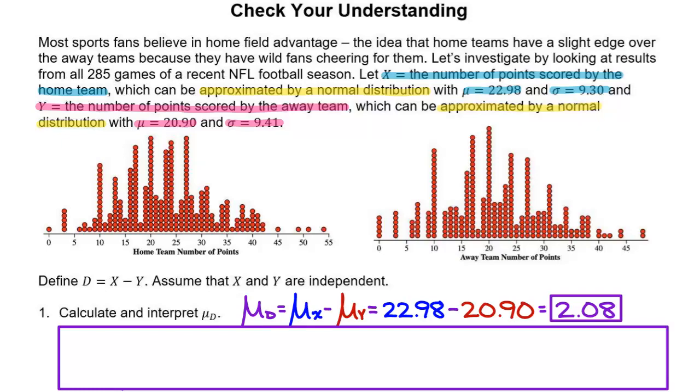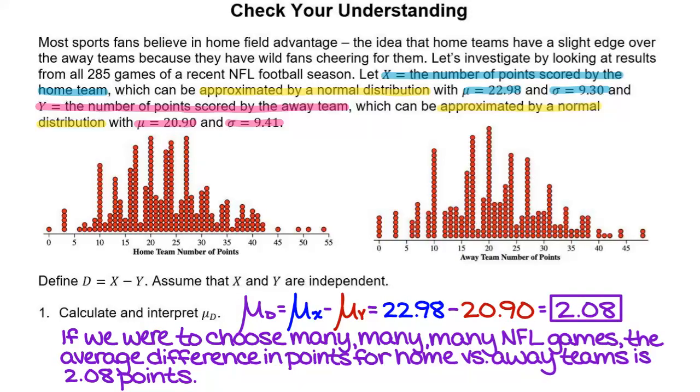We've got the difference of home team versus away team. So after many football games, the average difference between home team and away team points is about 2.08.